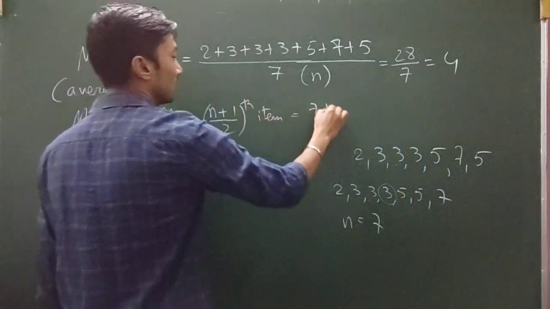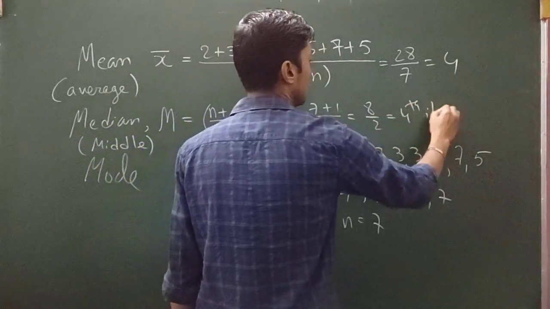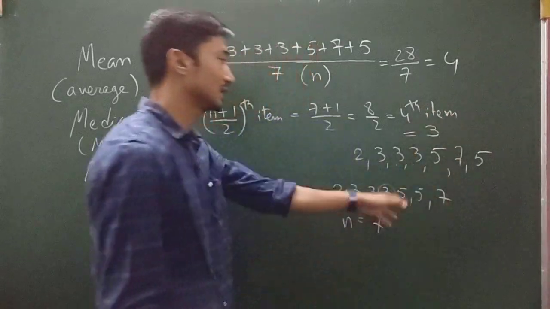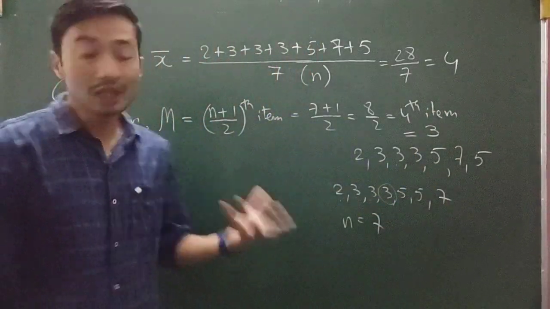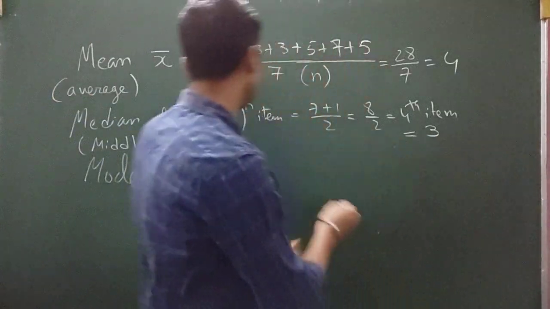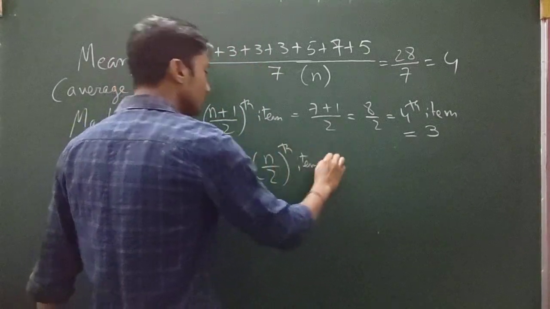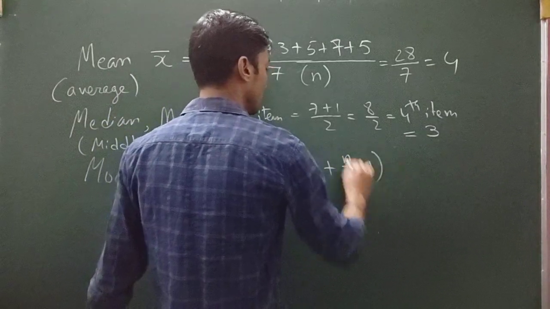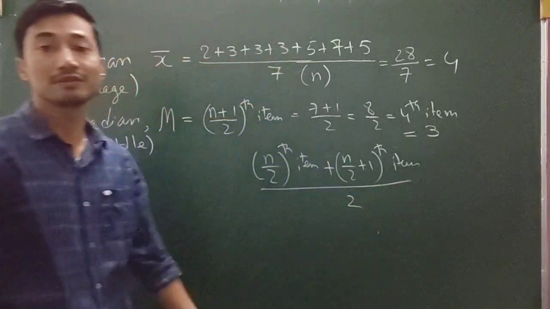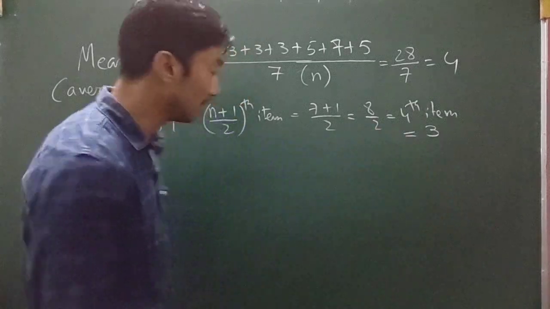That's 7 plus 1 divided by 2, that is 8 by 2, that is the fourth item. What is the fourth item here? First, second, third, fourth. The fourth item is 3, so that gives us the middle value. If the number of observations were even, then if you remember, it was the average of the n by 2 item and the n by 2 plus 1 item, divided by 2. That's how we used to find the middle value. So the median represents the middle value.